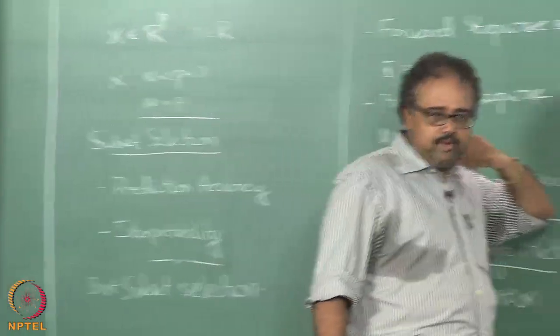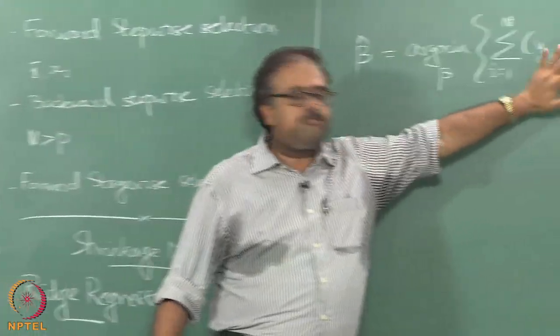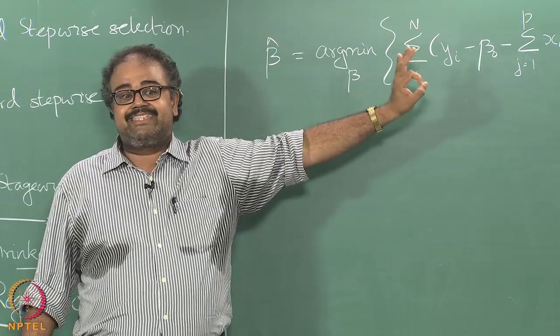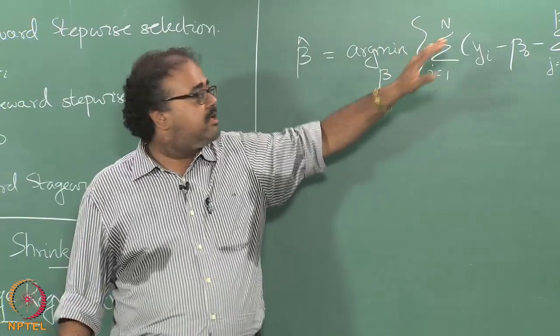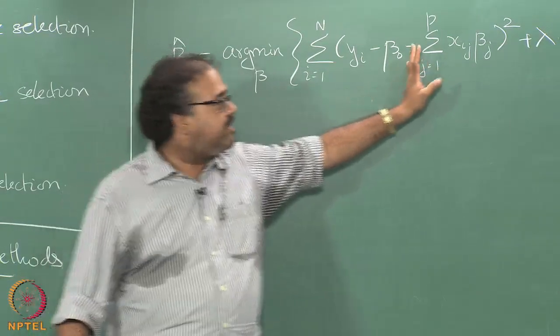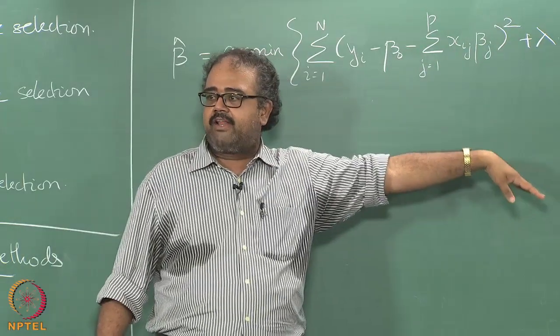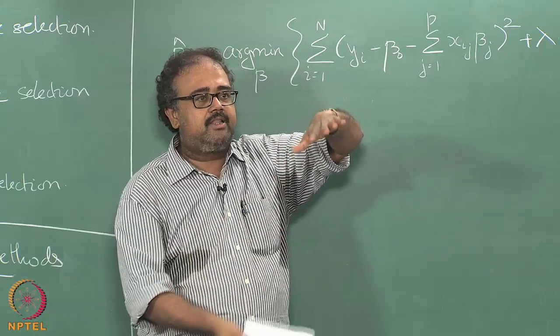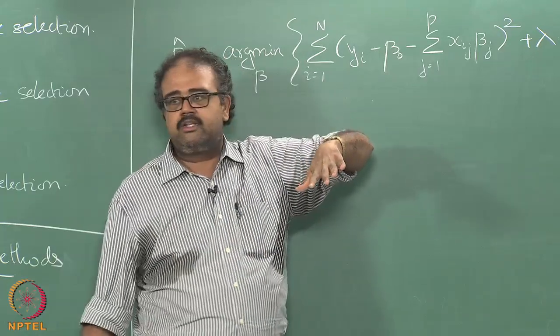So one way which we can get rid of beta naught from this optimization problem is to say that we will center the inputs. So we will subtract the average from the yi's, and likewise we will subtract the averages from all the x's. So we will make all the x variables centered on 0.